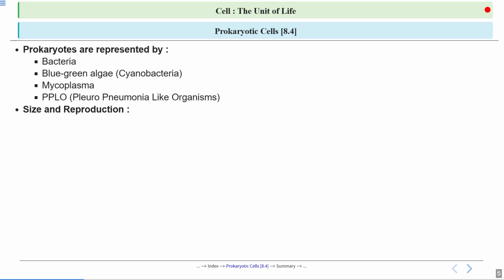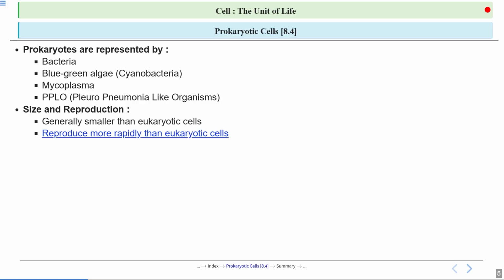There is an increase in the number of cells. One cell is divided into two, like binary fission, and it is reproduction. Prokaryotic cells are generally smaller than eukaryotic cells, about 10 to 100 times smaller.